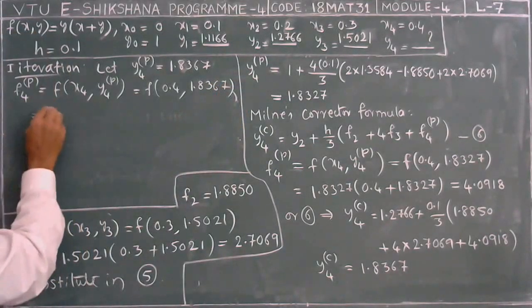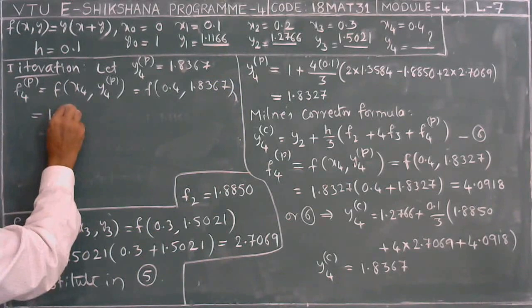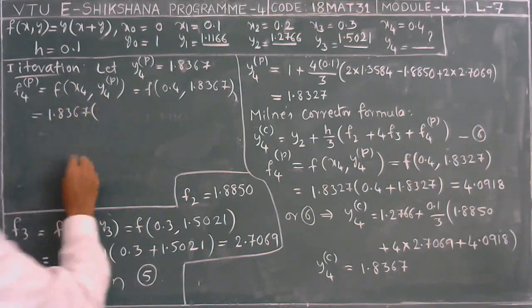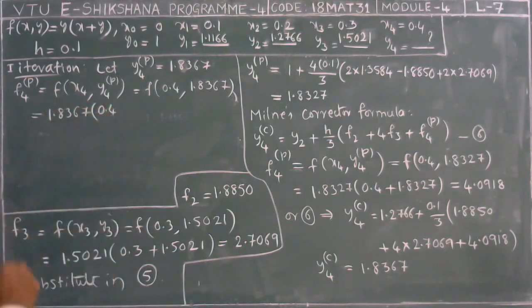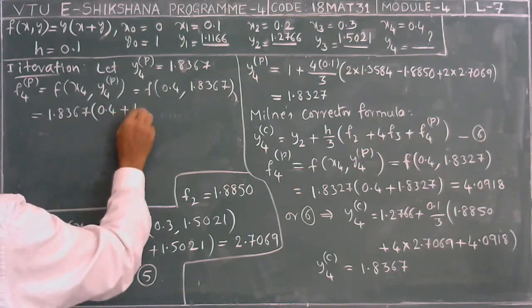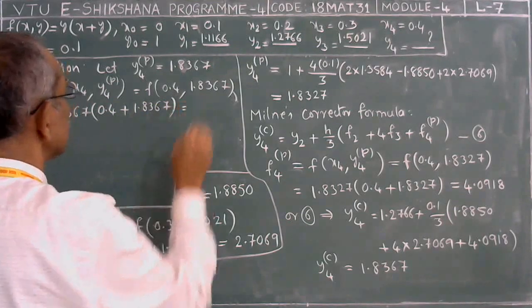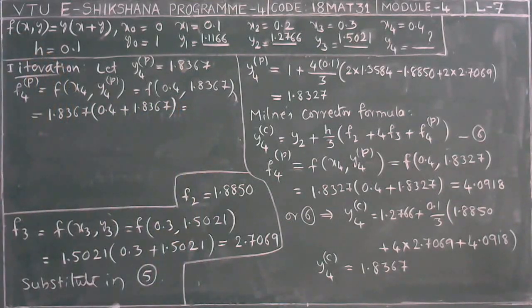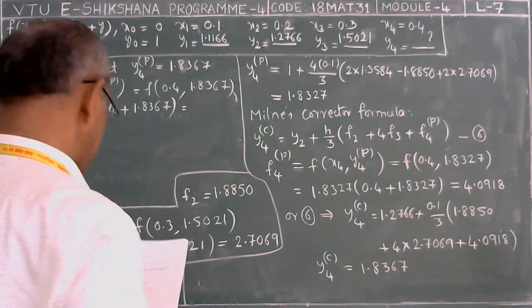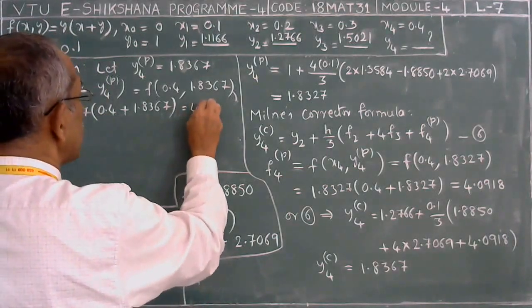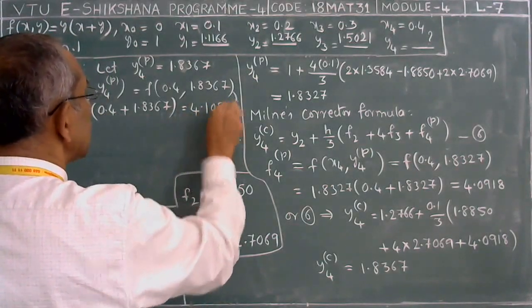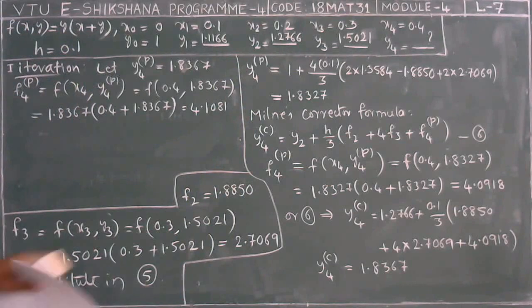Now apply the definition. This is 1.8367 into (0.4 plus 1.8367). If you calculate this, you get 4.108.